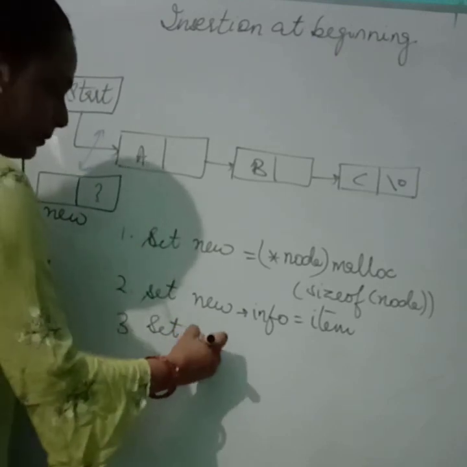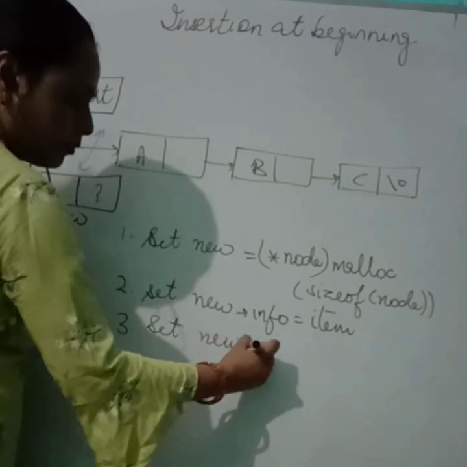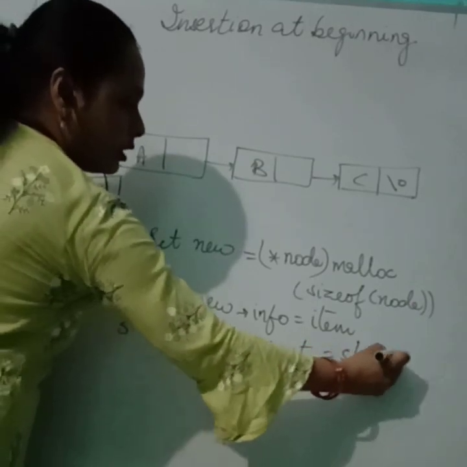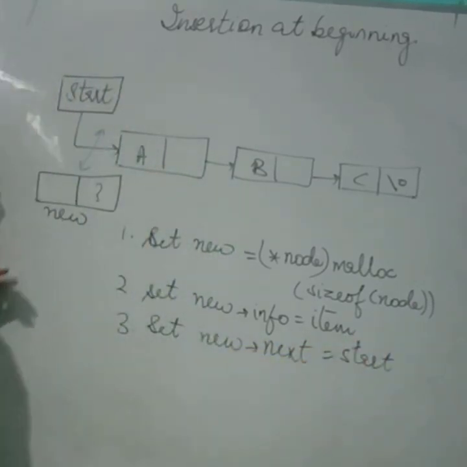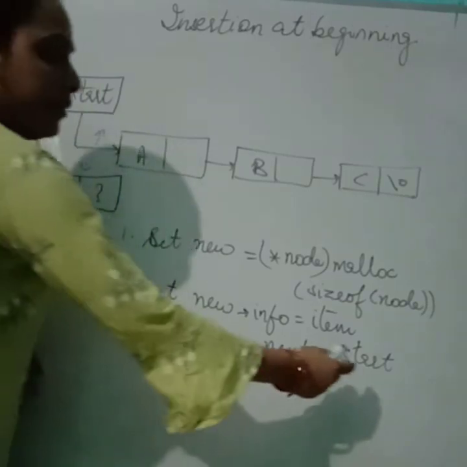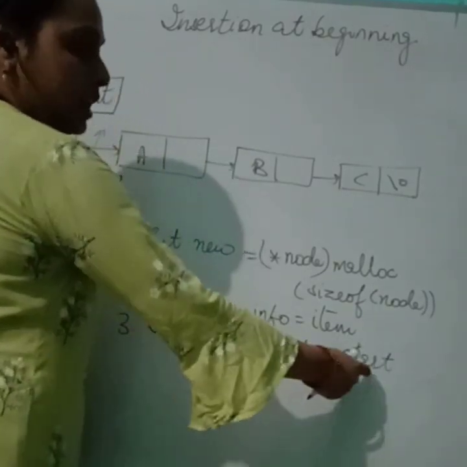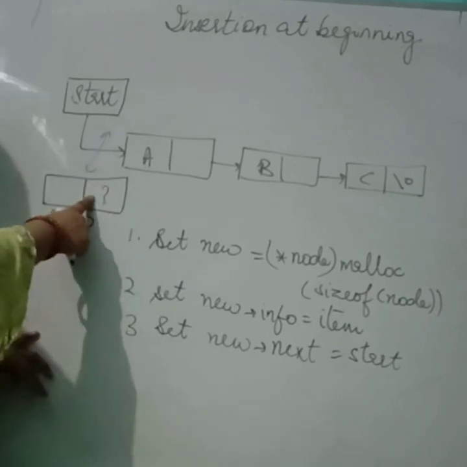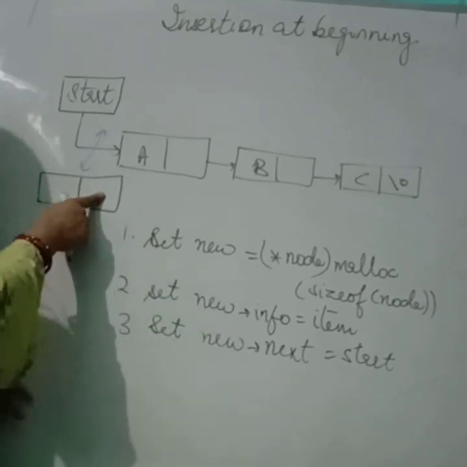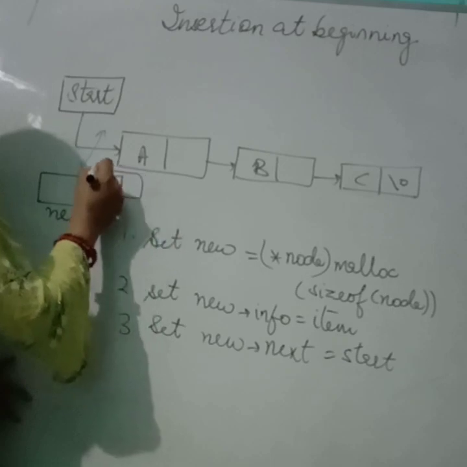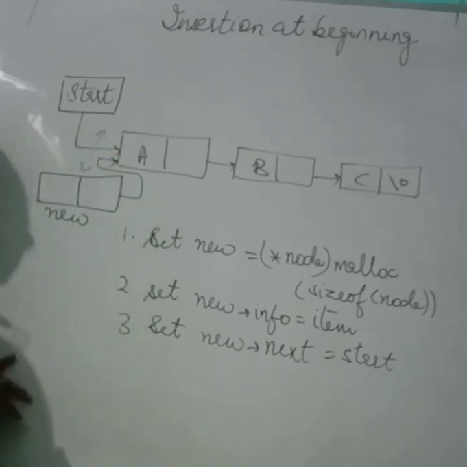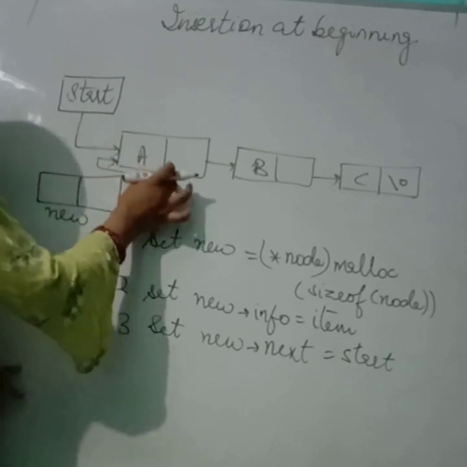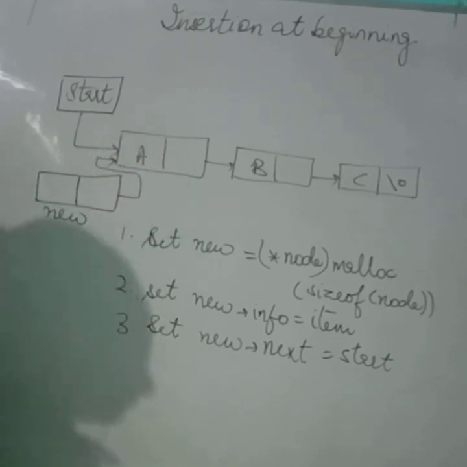So we will write new next is equals to start. So when we will say this, the value which is stored in start will be stored in the next field of the new node. So after writing this statement, we will have a connection like this, which means now new node is linked with the very first node of the list.